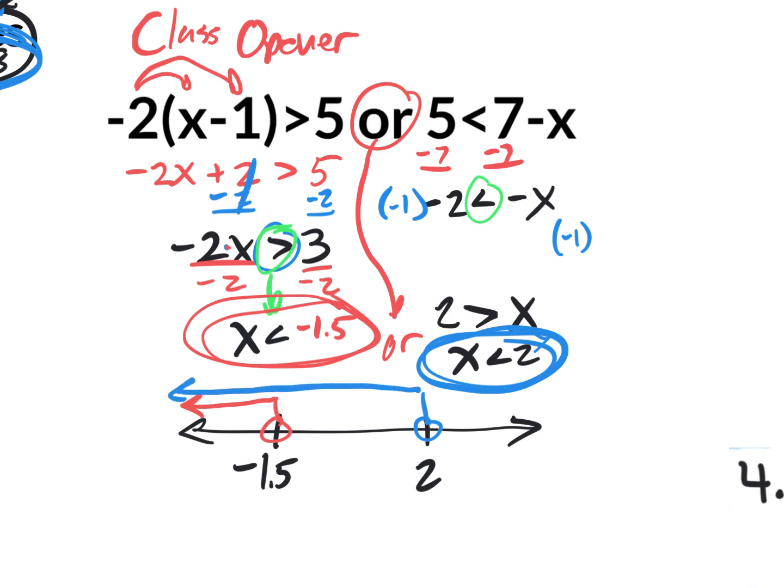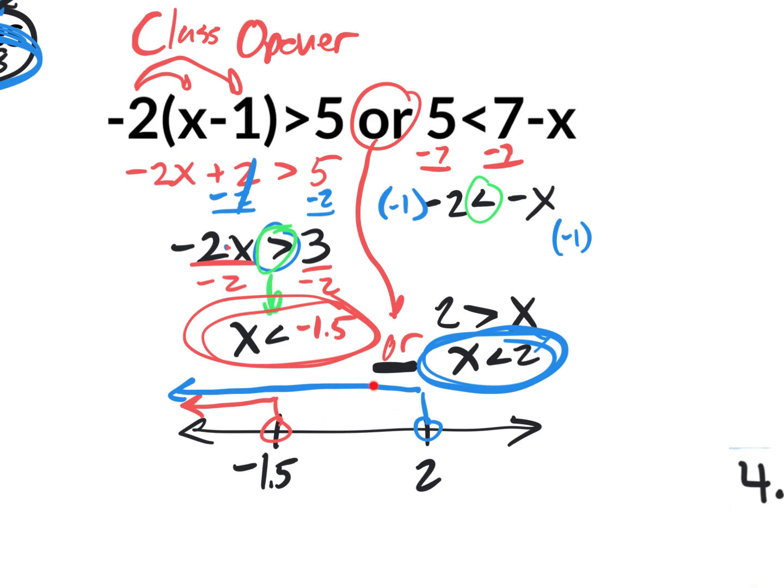Okay. Now, we really have to focus in on the word or. Once again, with any compound inequality graphed on a number line, you have 3 parts to it. You have the left part, the middle part, and the right part. Looking at the right part, is there a red or a blue on the right part? No. Looking at the middle part, is there a red or a blue right here in the middle part?